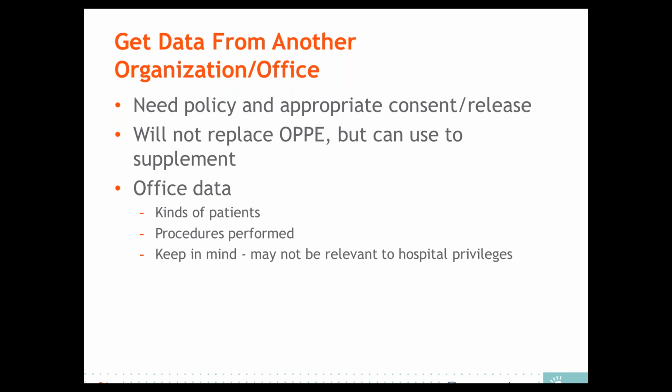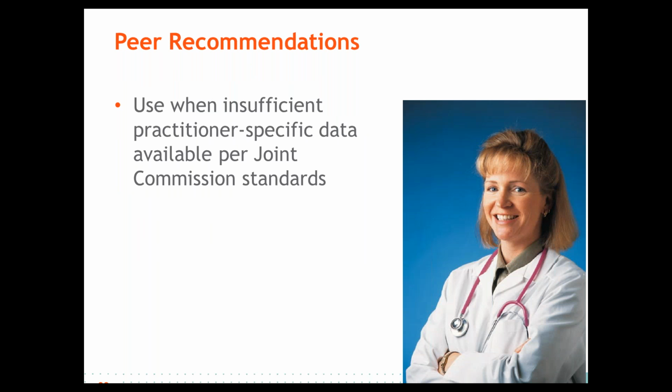There may be doctors who have their own office, like an outpatient surgical suite attached to their clinic, and those types of procedures would be appropriate to collect and evaluate if you're trying to just get numbers of procedures that someone has performed. But keep in mind that the things they're doing in those offices and outpatient surgery centers may not be relevant to the more acute things that would require hospitalization.